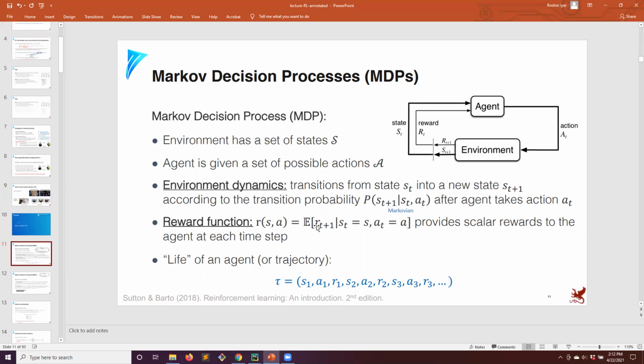This is the expected reward in the next time step, given that the agent takes a current action from the state. And when we talk about trajectories of the agent, we are basically referring to these variables, a tuple of states and actions, and then the corresponding rewards in this form.